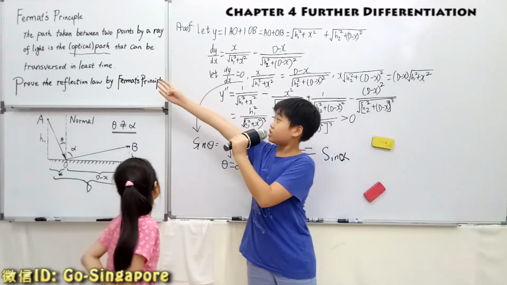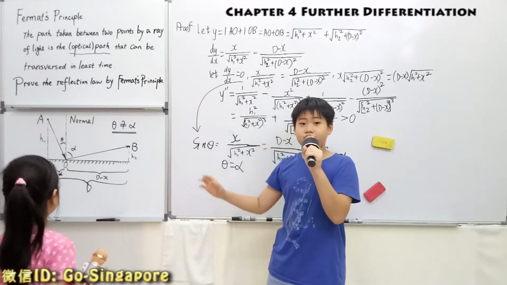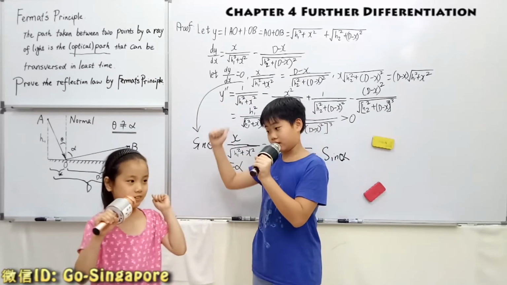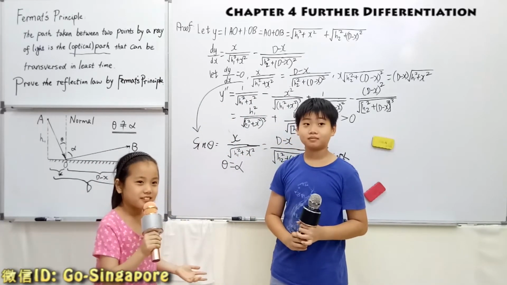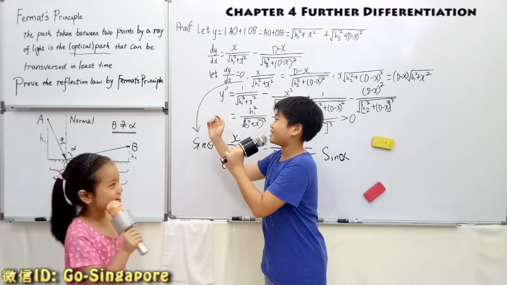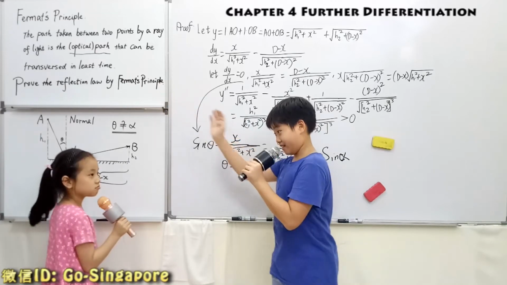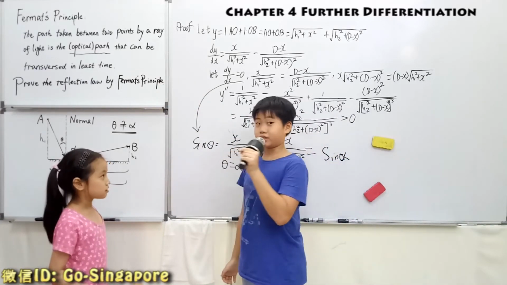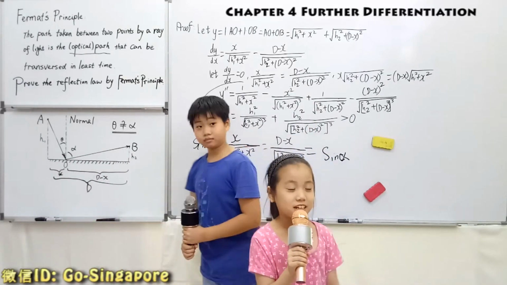Okay, so this Fermat's principle, we can actually use it for anything else, okay? Yes, we can put it in physics, chemistry, and of course, math. Well, for this, remember this is actually optics, right? Yes. Okay, so can we stop? And remember to not use the one that we used just now.